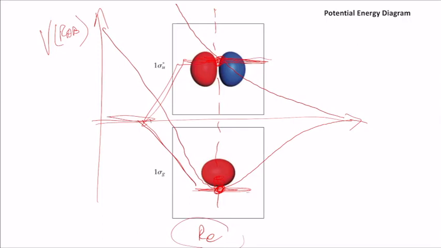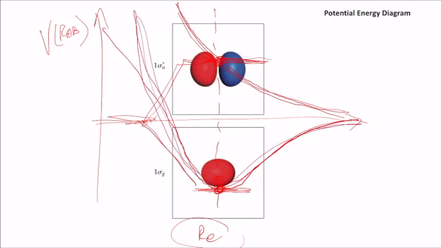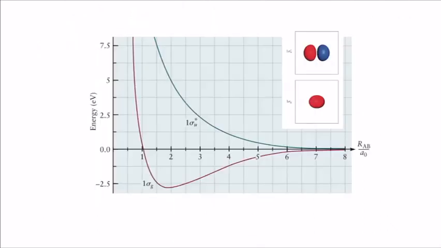They can be shorthand noted as a correlation diagram, and they are representing one point in the potential energy curves that define molecules. Okay? Excellent.